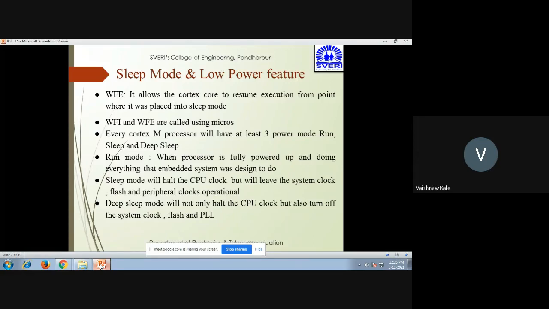In deep sleep mode, not only the CPU clock, but the system clock, flash, and PLL, everything is halted. These are the 3 modes that the Cortex M3 has, and because of this, it has a low power feature.